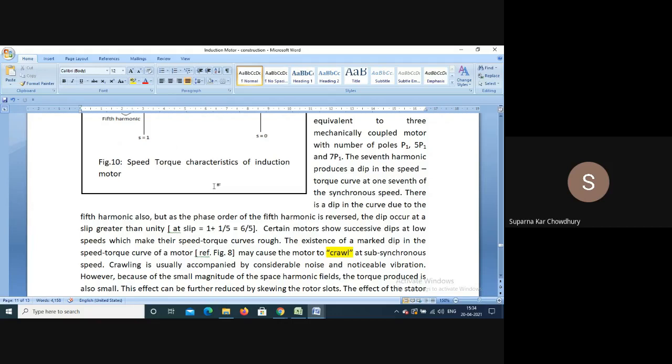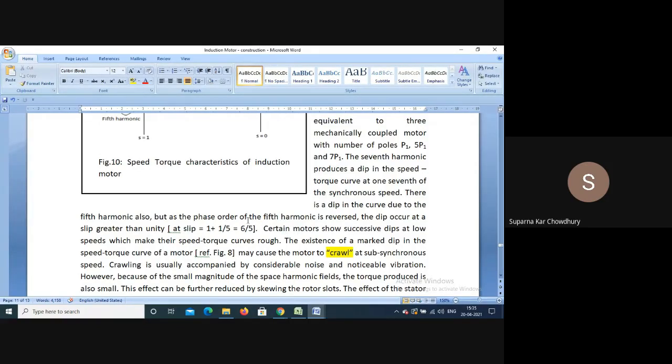It is at an angle. So the linkage of the two ends of the rotor bar are not the same. So that will reduce the slot harmonic torque. So that will reduce crawling, and that is the reason why the rotor bars are skewed.